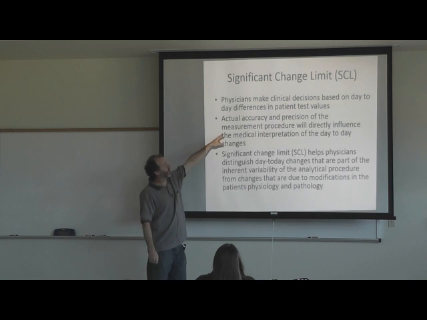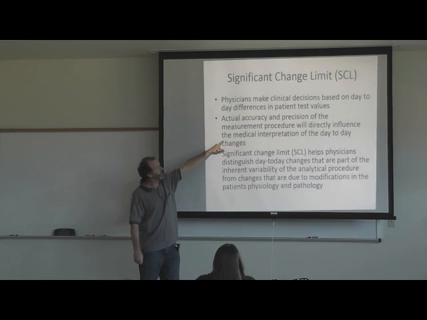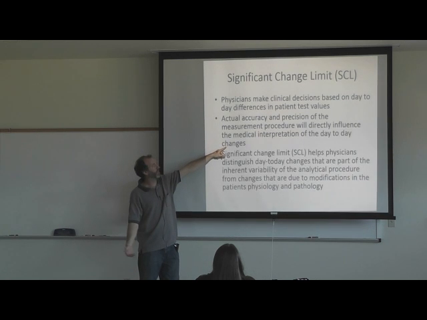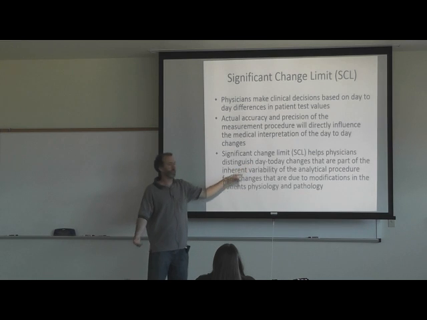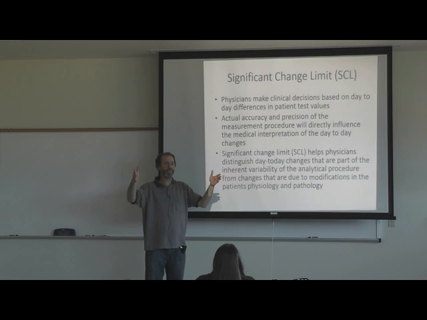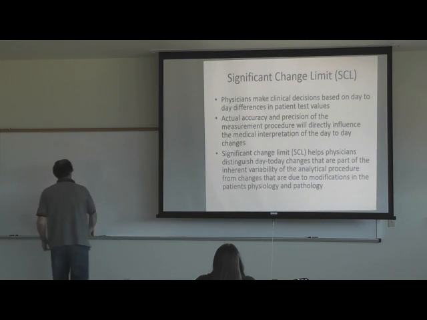The actual accuracy and precision of the measurement procedure will directly influence the medical interpretation of the day-to-day changes. So this significant change limit, it's like the limit. If you exceed that significant change limit, it says that change is significant, and there might be something that has changed in the patient, right? Does that make sense? You're taking these day-to-day values, you're going to see a normal variation.